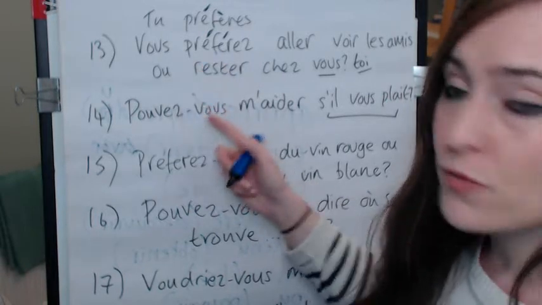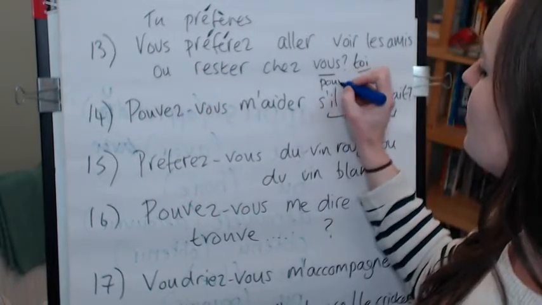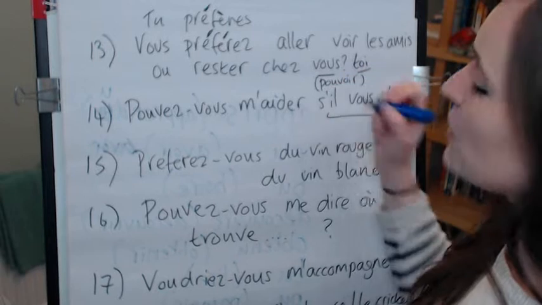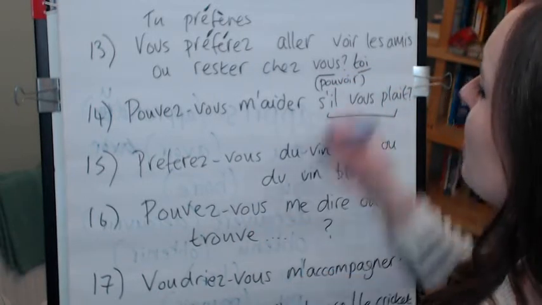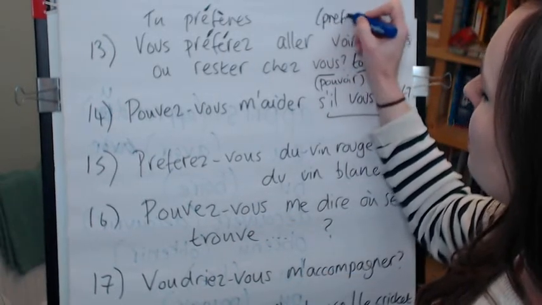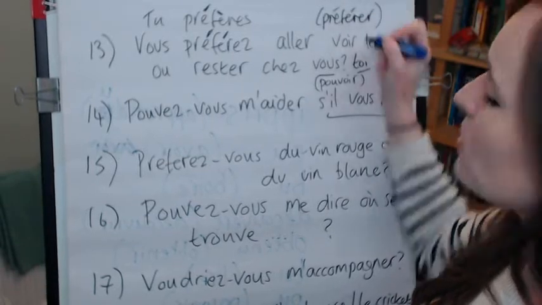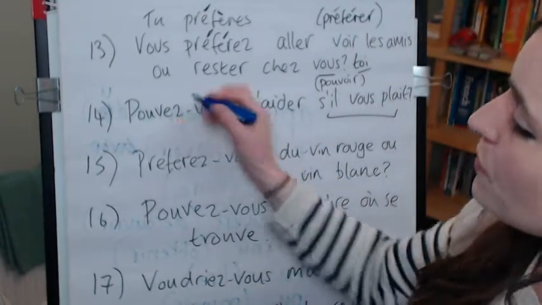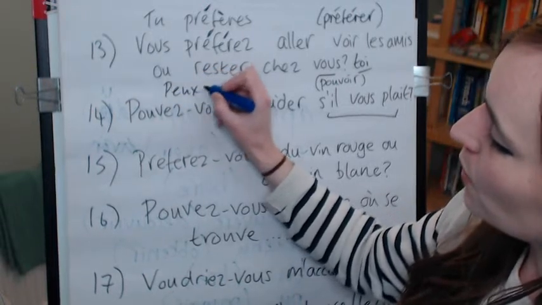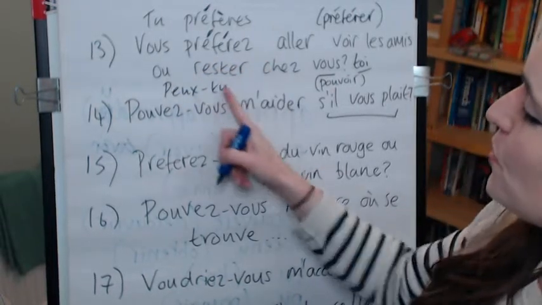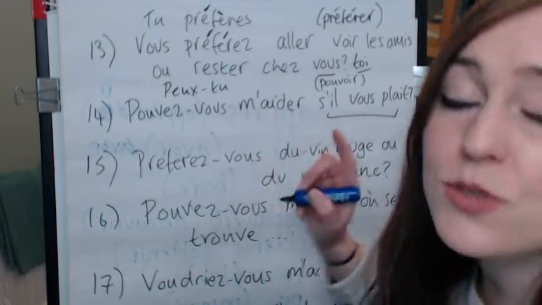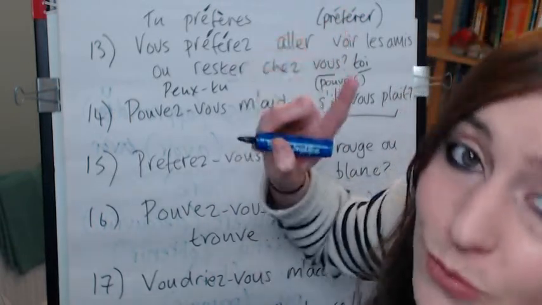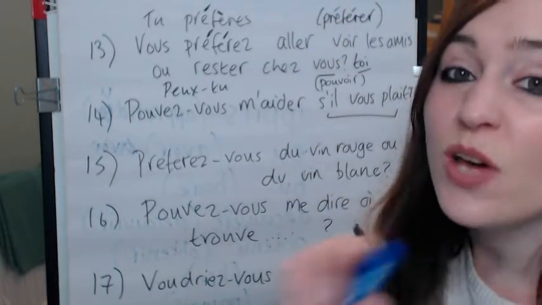So, pouvez-vous m'aider s'il vous plaît? In this one, three things change. Can you help me, please? Please is something that does have an informal tu form equivalent. S'il vous plaît, you use with someone you're addressing formally, an individual, or with a group. Pouvez-vous is from pouvoir, the verb to be able to, can if you like. Up above was préférer, to prefer. Pouvez-vous becomes peux-tu. Peux-tu m'aider s'il te plaît? Excuse-moi. Pardon. Peux-tu m'aider s'il te plaît? Can you help me?